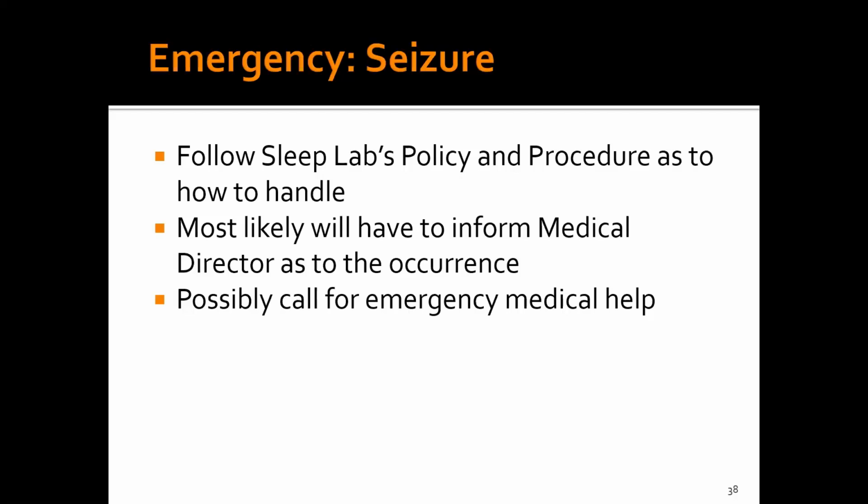Follow your policy and procedure for how to handle this. Most likely you'll be calling the medical director, letting them know it happened, and if necessary, calling for emergency help. There are certain things that will always require you to call emergency help in the event of a seizure. A seizure itself does not mean an automatic emergency, call 911, especially if the patient's at the lab because of it.